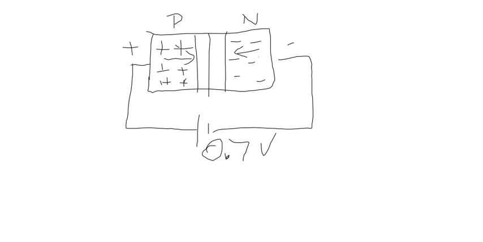Now the PN junction, as we've shown it here, is essentially a diode. This is the most common diode symbol. And it has two connections. One side's called the anode, the P side. And the other side is called the cathode.